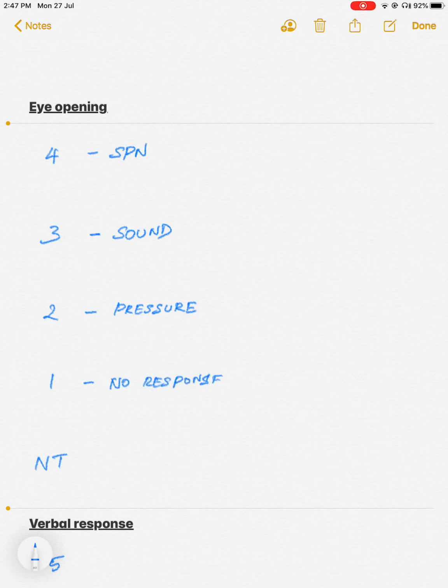in the absence of an interfering factor, then that is going to be 1.